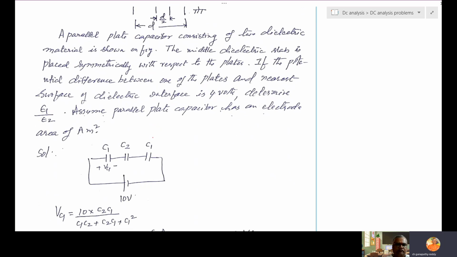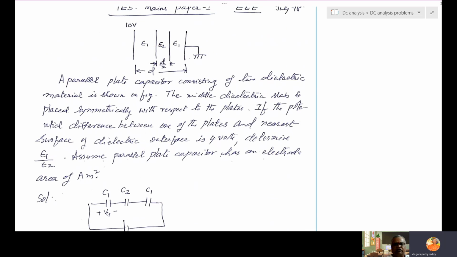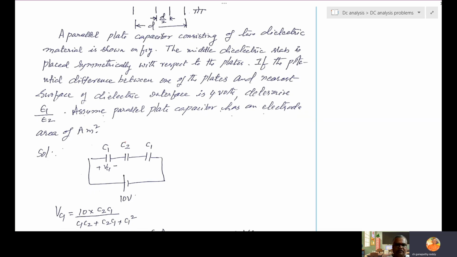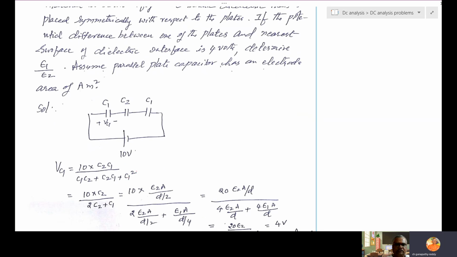The equivalent circuit we can draw like this: C1, C2, C1, for epsilon 1, epsilon 2, epsilon 1 again. What is the voltage across C1, VC1? The total voltage applied is 10.